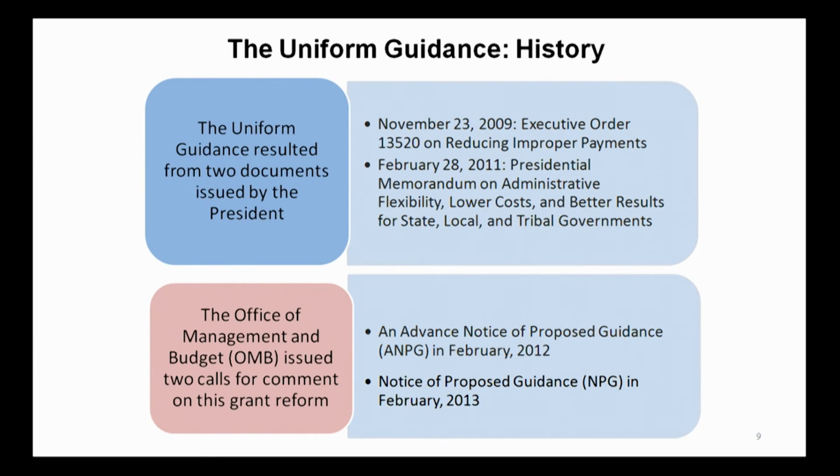That is included in the package on background and implementation material in the supplemental resource materials. And then there were two opportunities to provide comments through the OMB process. And the 2012 document is also included in the background and implementation materials.